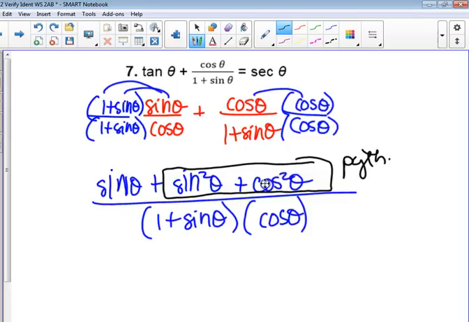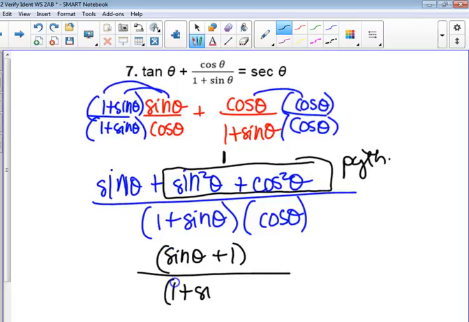When we're adding, yes. We can add in any order we want. So sine squared plus cosine squared is 1. So we end up with a sine plus 1 all over a 1 plus sine times a cosine. Why am I allowed to cancel that?